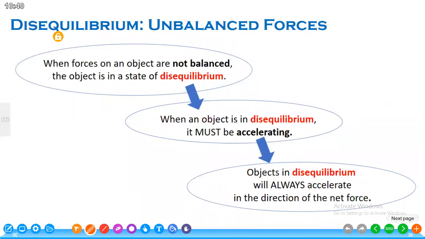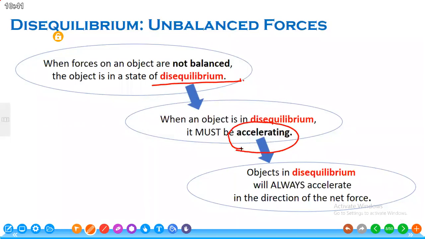When forces on an object are not balanced, that object is in a state of disequilibrium. So when an object is in disequilibrium, it must be accelerating. You should consider these the main terms.